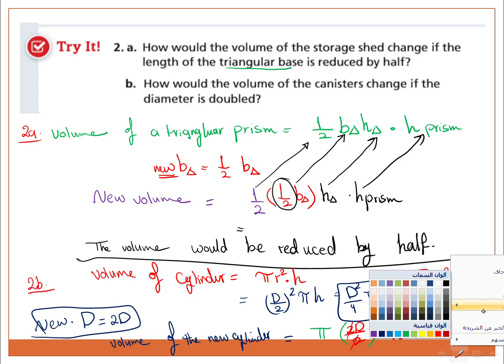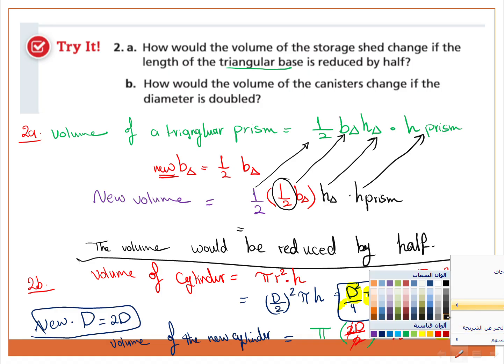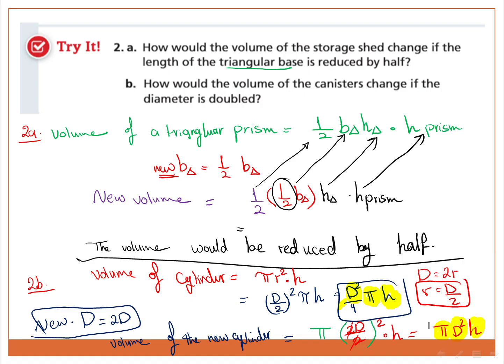What is the main difference between this formula and the old one? If you just pay attention, here I have π, there I have π, right? I have h here, I have h there. I have d squared here, I have d squared there. So what is the main difference? There I have 1 over 4, but here I don't. So that means we remove the 4.